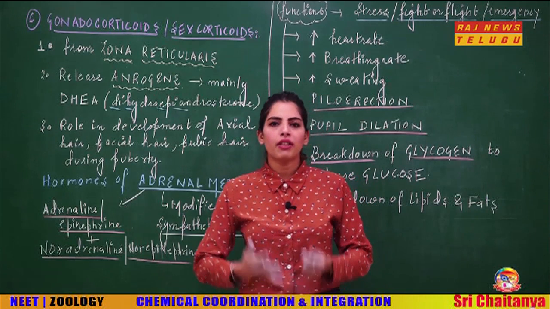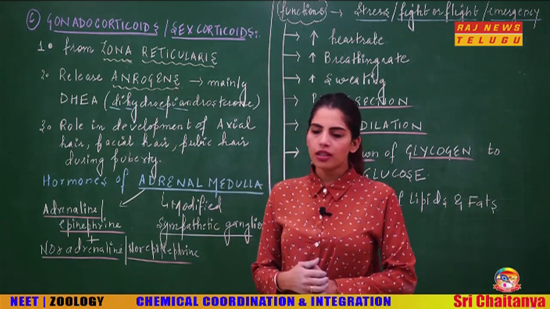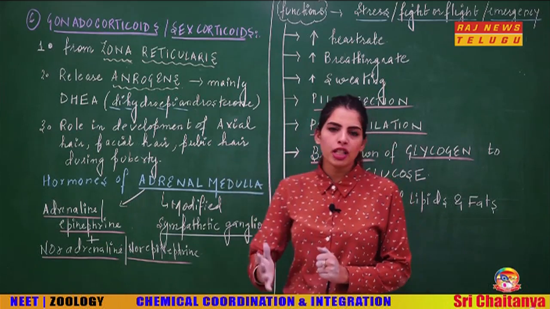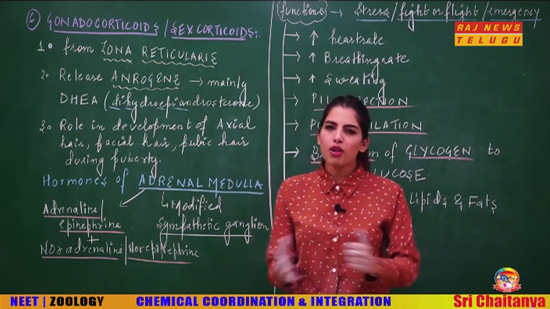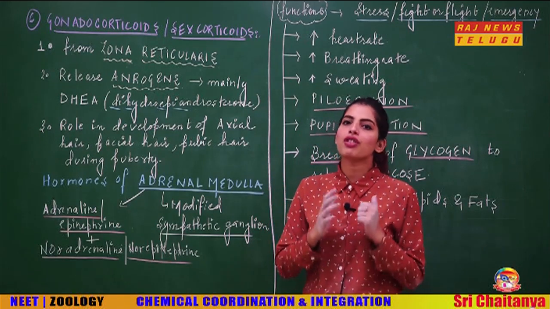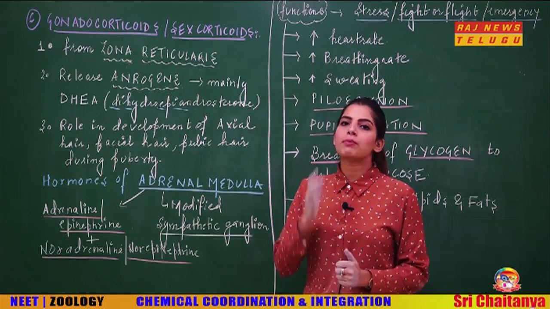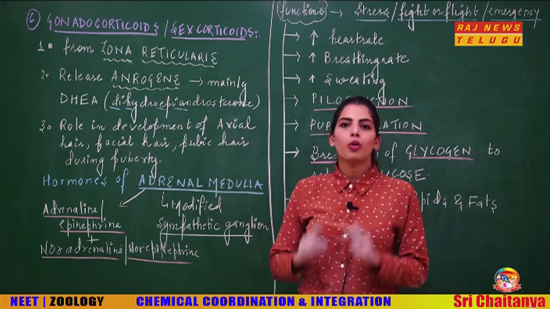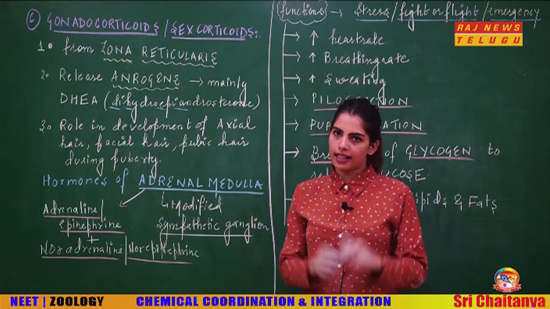And androgens, you can very easily relate with the function. They are very important in the development of the axillary hair, the pubic hair, and the facial hair. That's the function of the androgens produced from the zona reticularis, which is the gonadocorticoids or the sex corticoids.